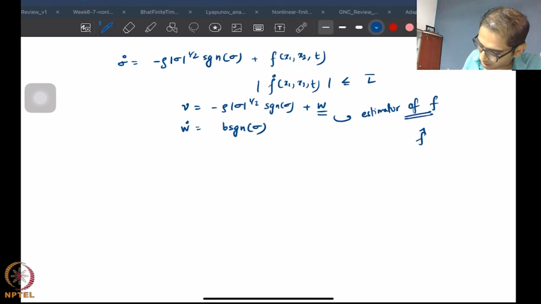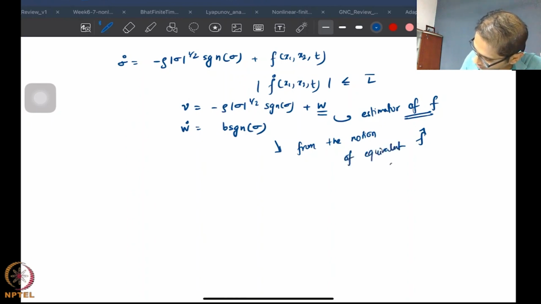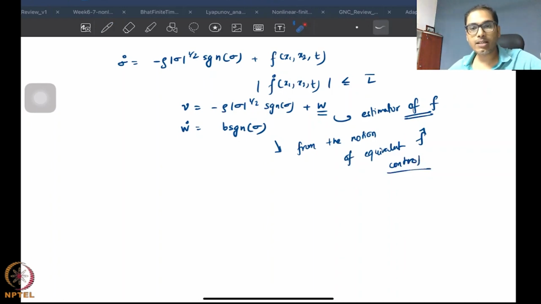And this also works. So this is from the notion of equivalent control, you can actually estimate the quantity f. That's the whole really cool idea.